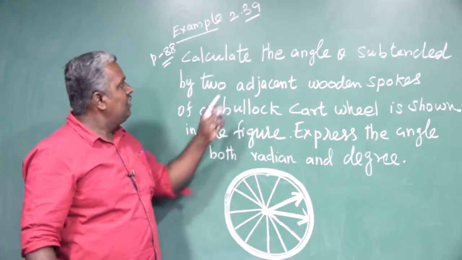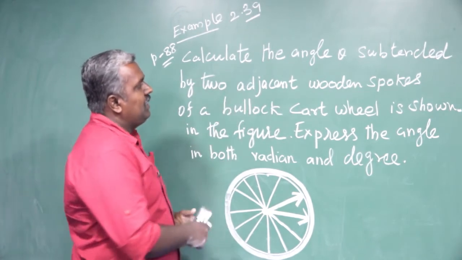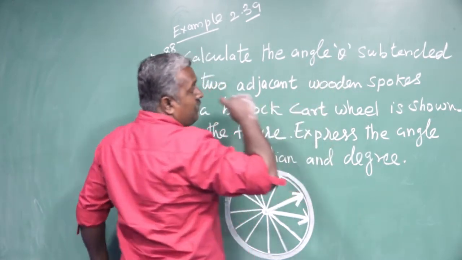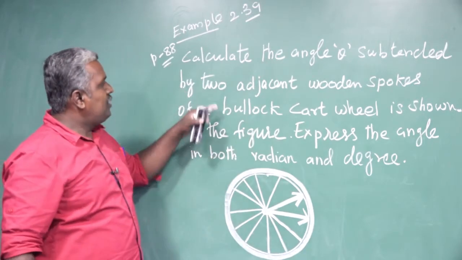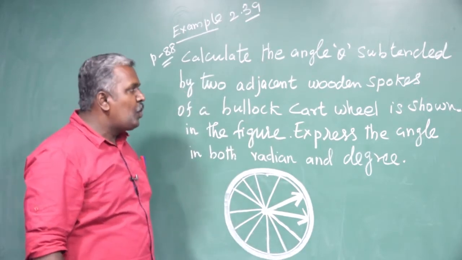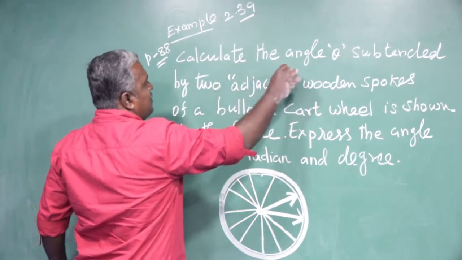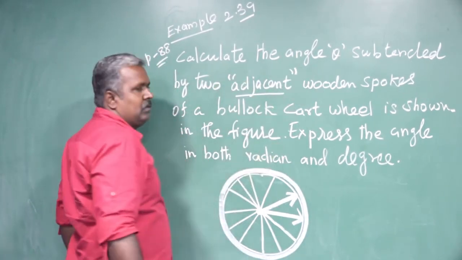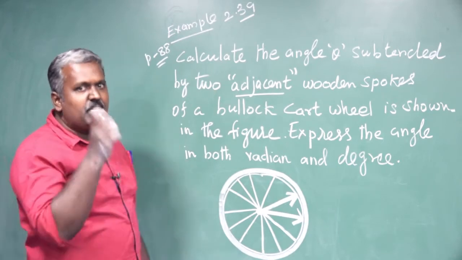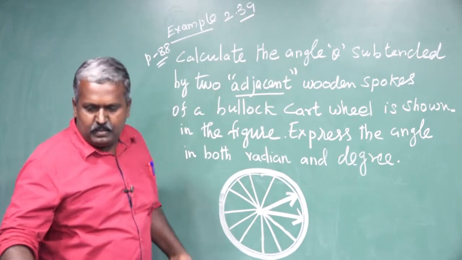Read. Calculate the angle theta subtended by 2 adjacent wooden spokes. Adjacent. In Tamil, adutaduthu, continuously.